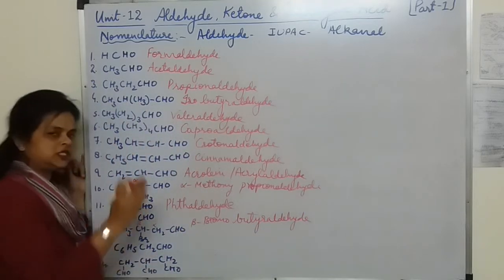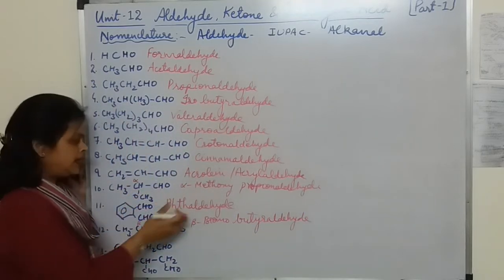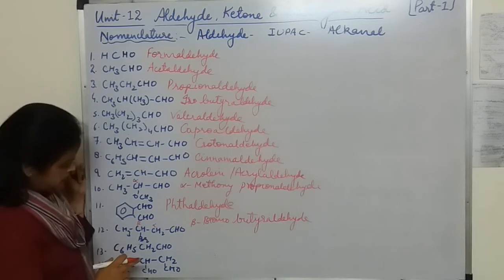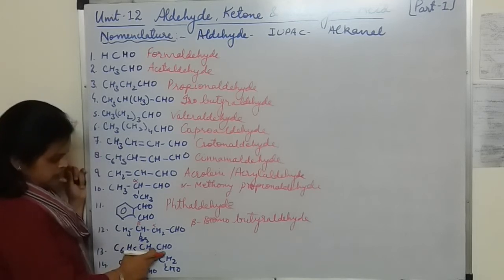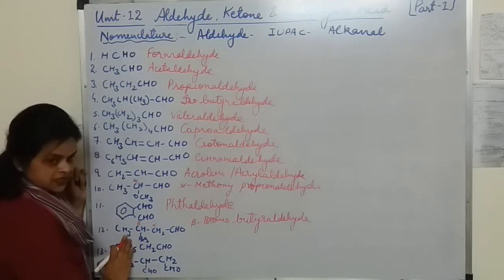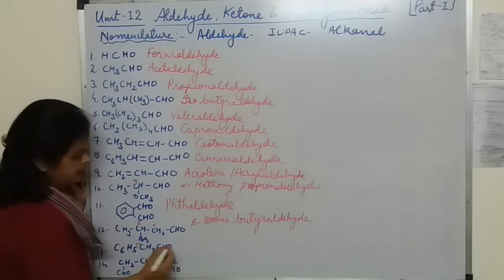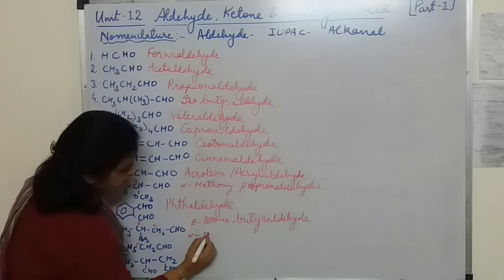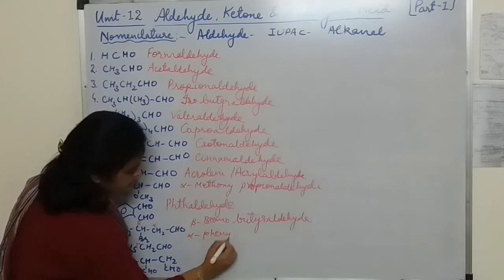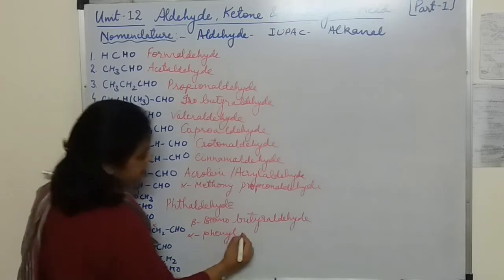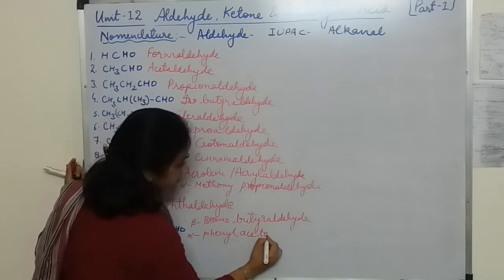Whenever you have a confusion, just write the name of its corresponding acid and then you will easily get the spelling. Here it is CH2CHO. So if it is not C6H5, it is acetaldehyde, and at the alpha position we are having phenyl. So its name is alpha-phenylacetaldehyde.